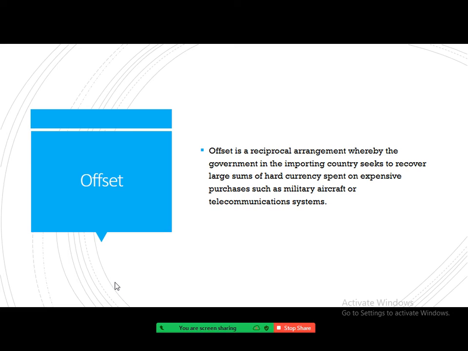Now, next is offset. Offset is a reciprocal arrangement whereby the government in the importing country seeks to recover large sums of hard currency spent on expensive purchases such as military aircraft or telecommunication systems.